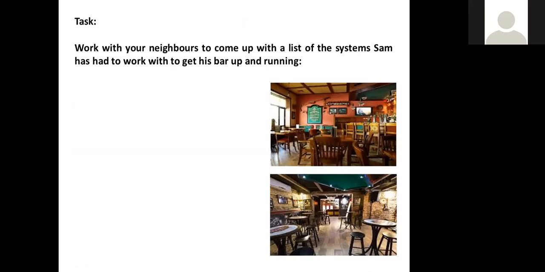For a bar, list the systems that you would need to get the bar up and running. So just take 1 or 2 minutes and jot them down on a piece of paper.